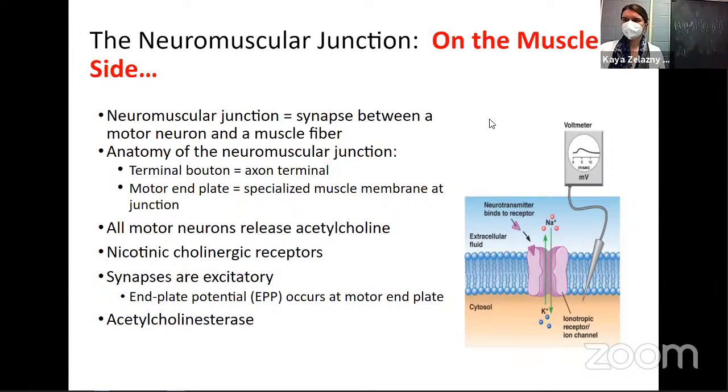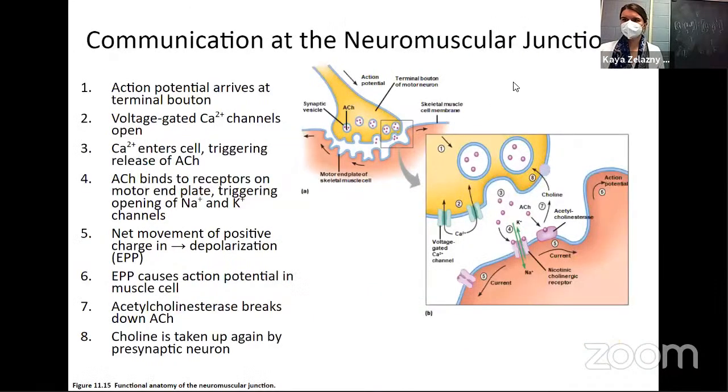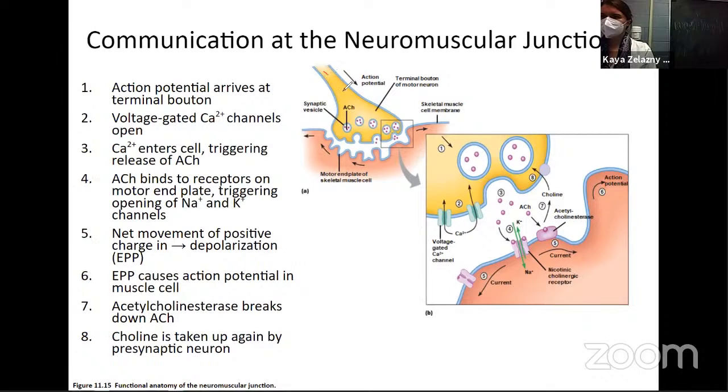And like for our other synapses, we have this numbered out numerically. So our steps here, we have our action potential coming in to our terminal bouton. Like before, we're opening up voltage-gated calcium channels. So we have calcium flowing in, triggering the release of these synaptic vesicles that hold acetylcholine.